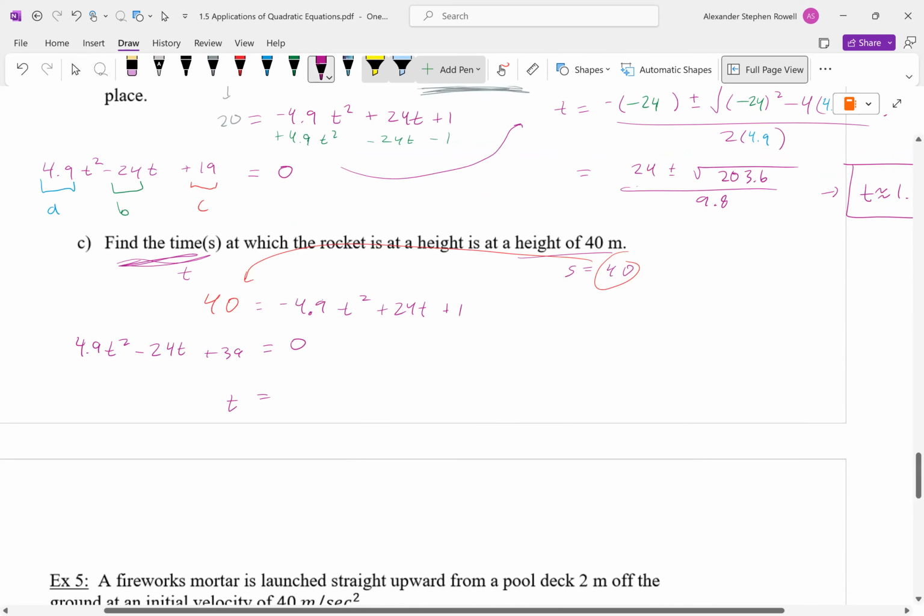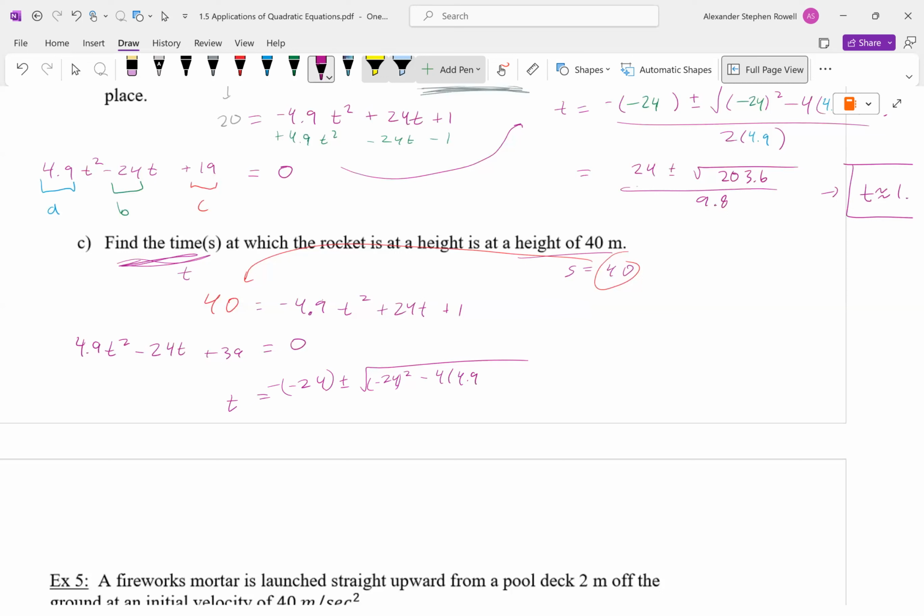T is equal to 24 plus or minus the square root of 24 squared again, should be negative, but it's in parentheses, minus 4 times 4.9 times 39, over 2 times 4.9.